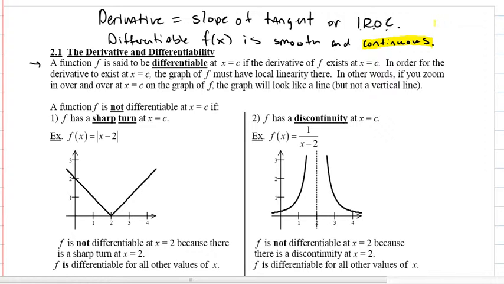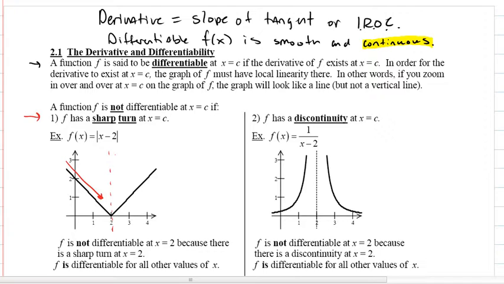So to better understand what a differentiable function looks like, let's look at some non-examples, non-differentiable functions. In example number 1, a function is not differentiable at x equals c if it has a sharp turn at x equals c. So look at this graph. This graph is the absolute value function. We know that the derivative exists from the left of 2 because it's a line going straight down.